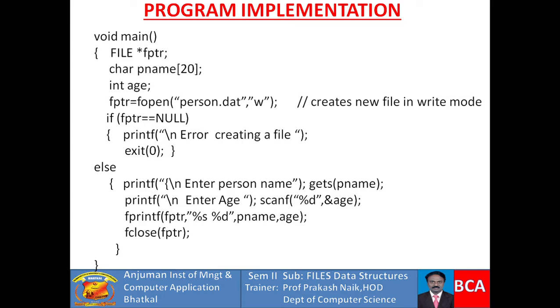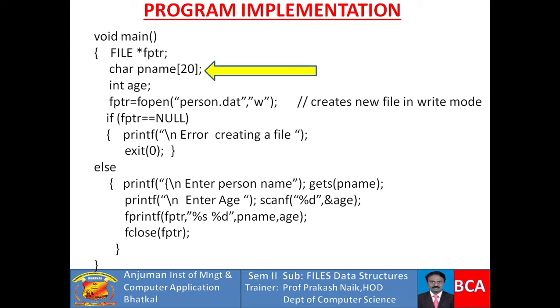Now let us see a program of how this fopen, fclose and some of the functions work. The first line, FILE star fptr, will create a file pointer called fptr with a data type called FILE.